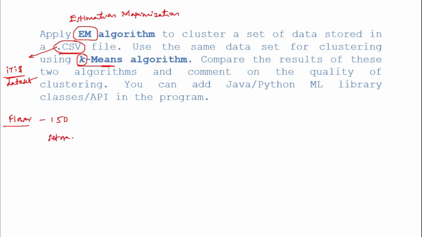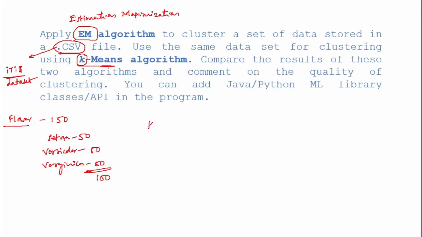Setosa 50 data samples, versicolor 50, and virginica 50, totally 150. So what we need to do, we need to cluster this into different categories. So we have 3 categories, so we need to cluster into three categories.